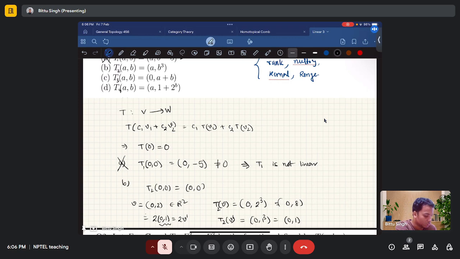So V equals 2 times V dash, but we can see that T2 of V is not equal to 2 times T2 of V dash. Hence scalar multiplication is not preserved under this transformation. So again T2 is not linear.